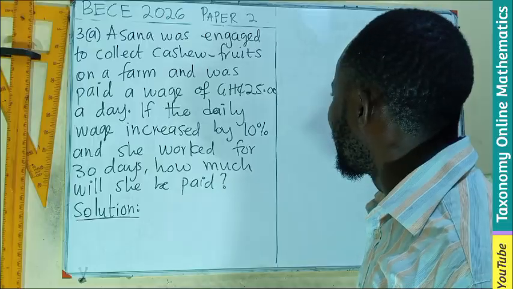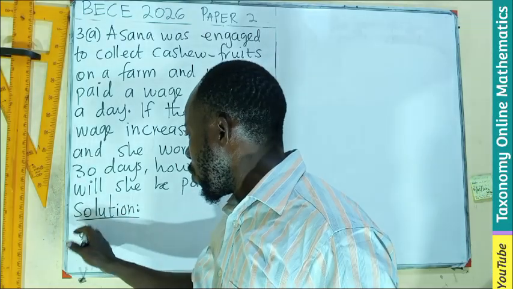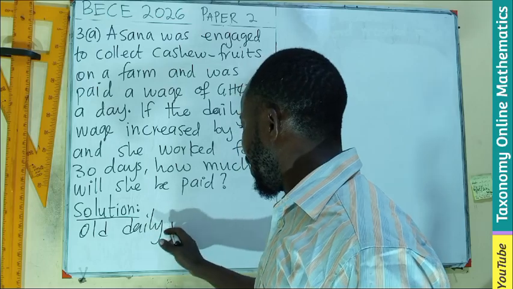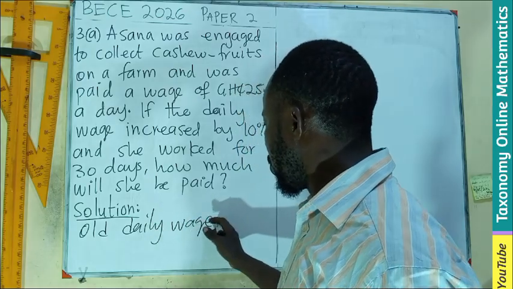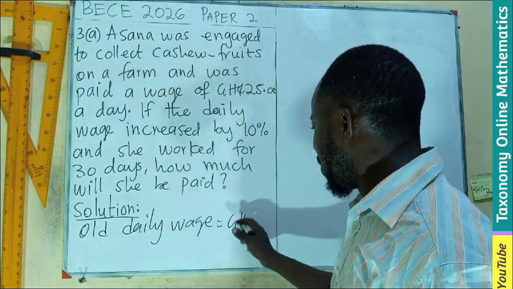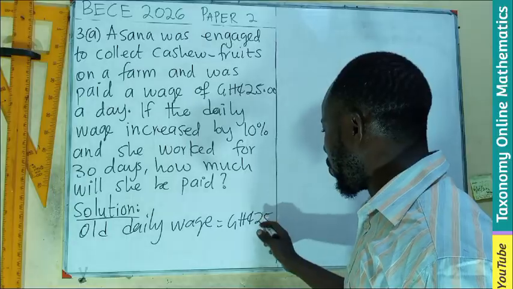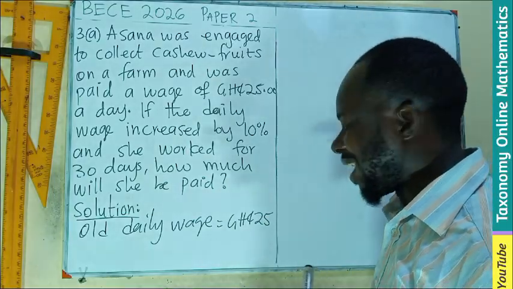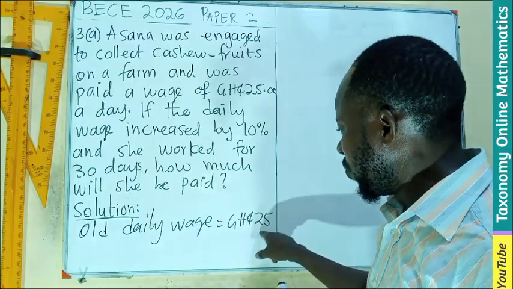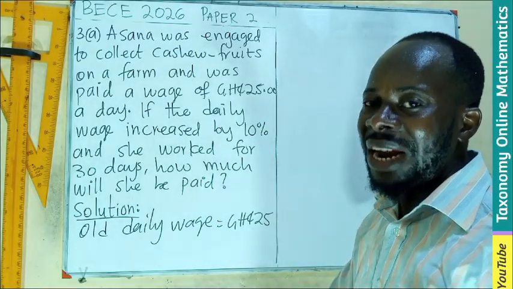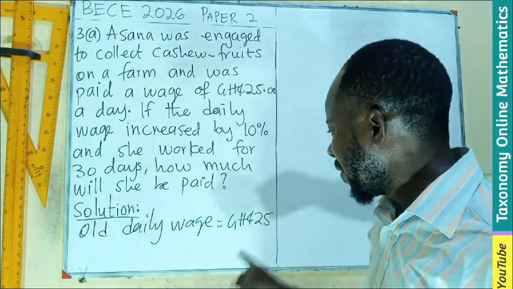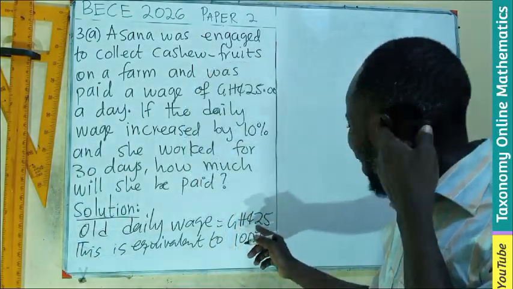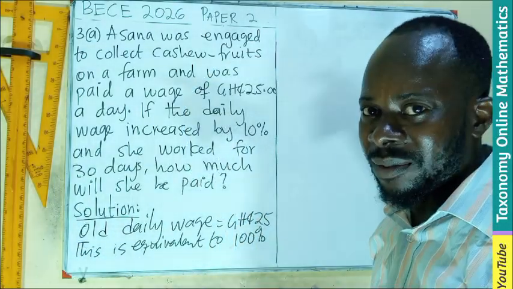So you can see the old daily wage. At first, she was contracted to be paid what? 25 cedis. So that is it. Then there is an increment to this. This 25 cedis is equivalent to 100%, right? So this value is equivalent to 100%.